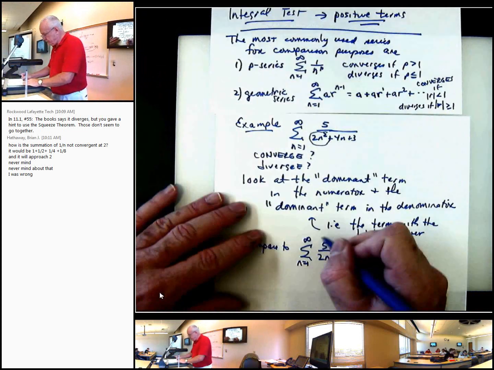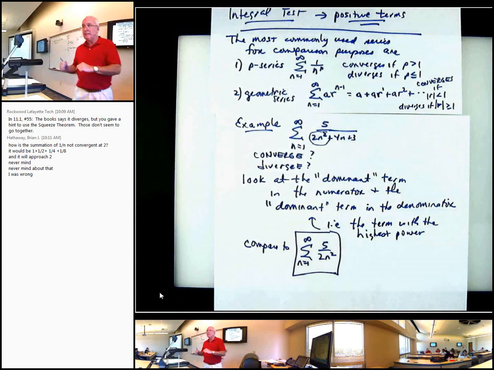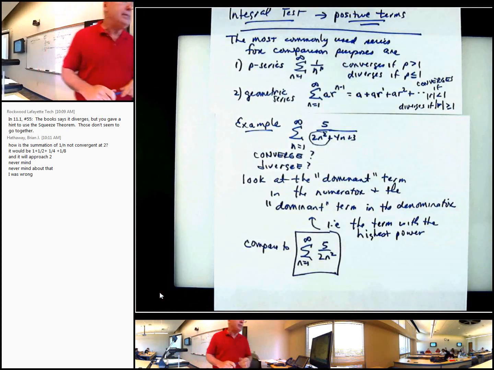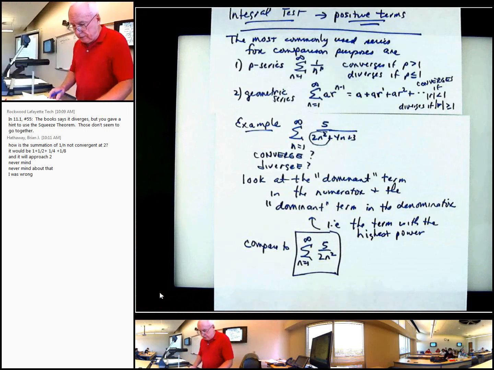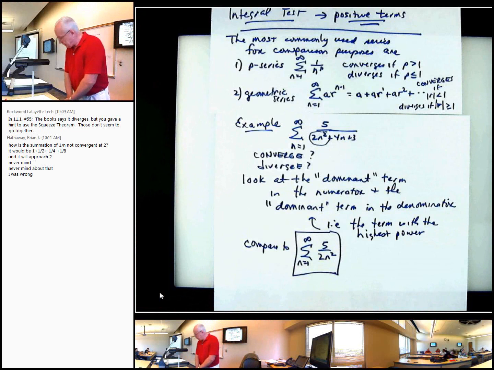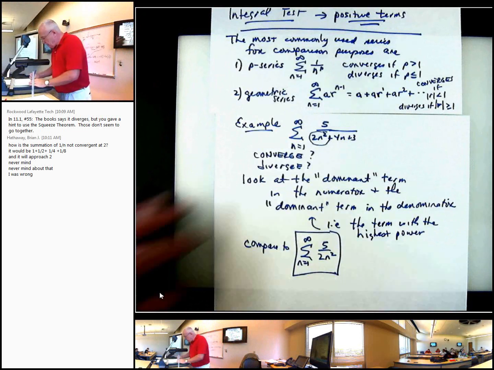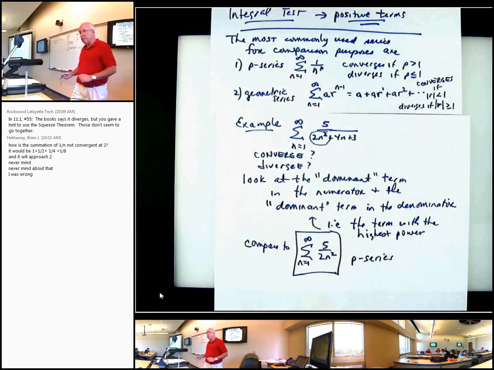All right. Now, what kind of series is this? Is it a p-series or is it a geometric series? It's a p-series, right. So that's the first thing you want to identify, whether it's a p-series or a geometric series.